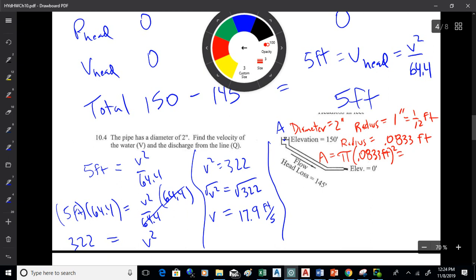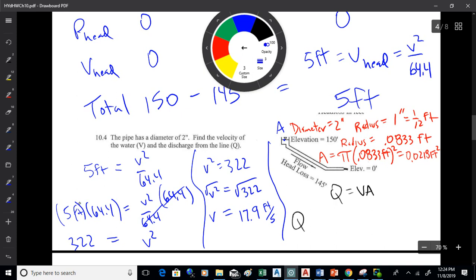So I have the velocity. What I want now is the area. So it's 0.0218 square feet. So now to finish the thing off, what you can do is say that Q, the flow rate, is equal to the velocity times the area.